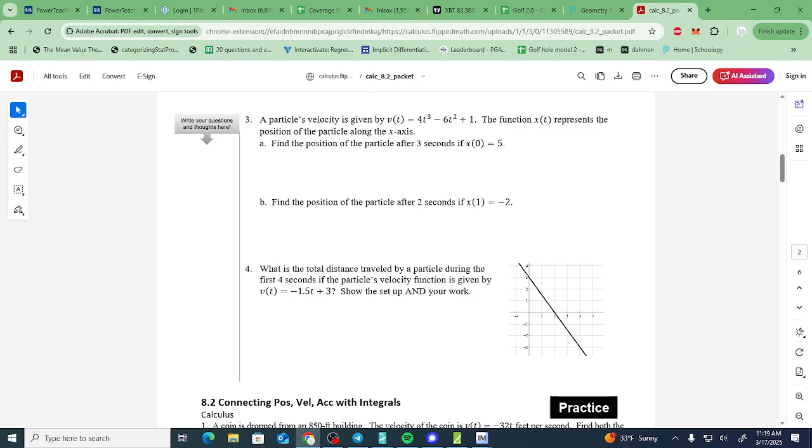So that means s of t equals t to the 4th minus 2t cubed plus t minus 2. Then what am I supposed to do from there? Plug in 2, because they're saying, okay, they gave me this, I know this is true. How far is it after 2 seconds? So I'm going to plug in 2, so s of 2.